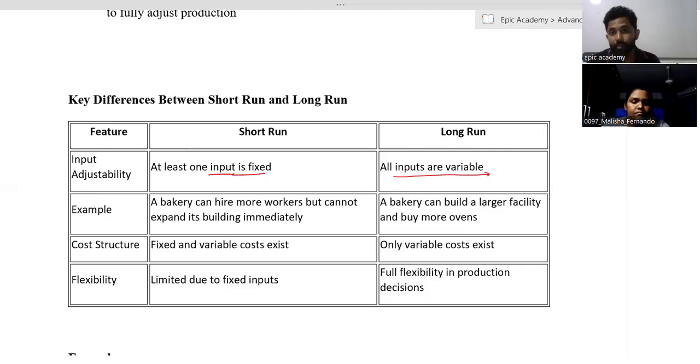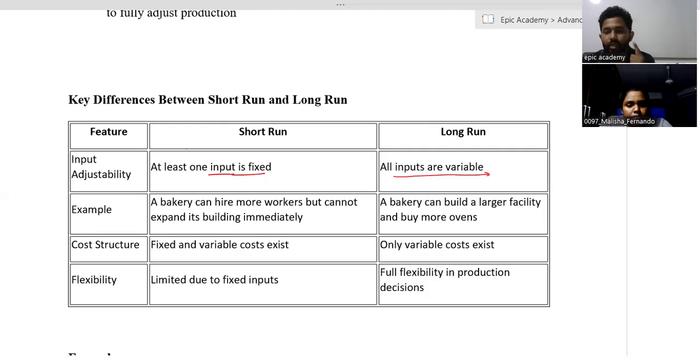What then happens in the long run? A bakery can build a large factory and buy more ovens. That means you can buy capital equipment and machinery in the long run because everything becomes a variable factor. So how can you do it?